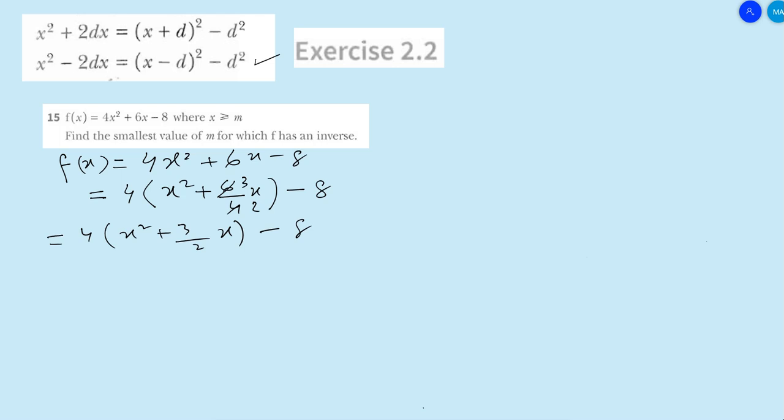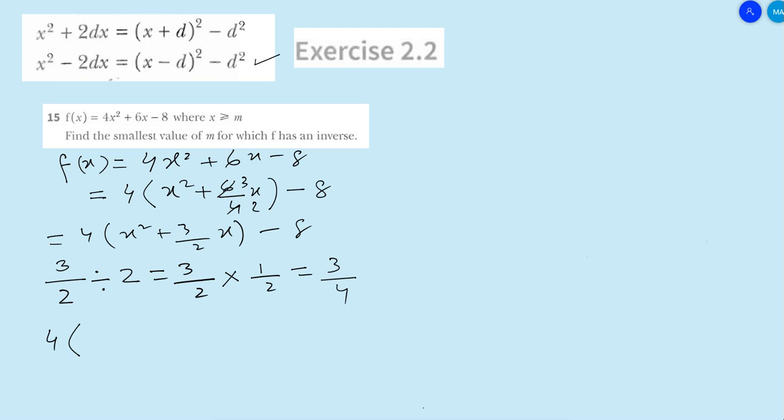Now focus on the coefficient of x, which is 3/2. Always divide the coefficient of x by 2. 3/2 divided by 2, converting into multiply, is 1/2. 3 ones are 3, 2 twos are 4. So 3 upon 4.